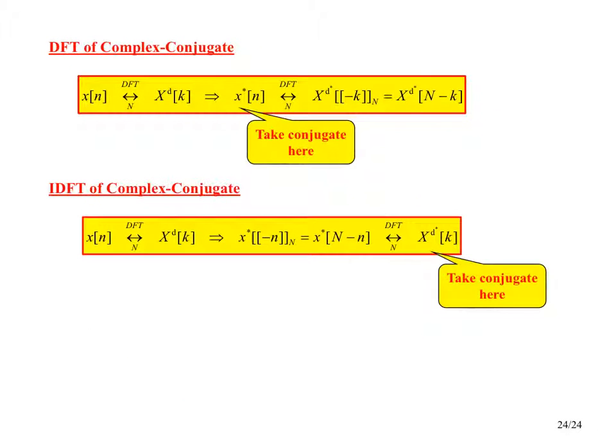Okay, last slide. This set of notes, just some quick and dirty results here. Just what happens if we take the complex conjugate of a signal. So we've got a signal x of n, and it's got a DFT that's just X of k. If I have the complex conjugate of that and I take its DFT, it's the conjugate, but it is also reversed, but with mod N. The best way, again, that I think to think about that is to think about conjugating it, periodizing it, and then flipping the periodized version.